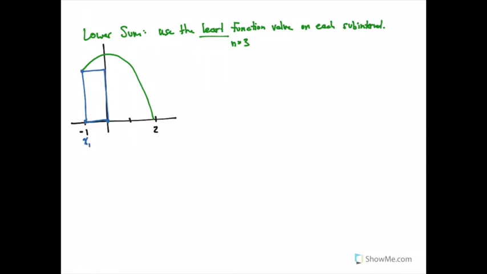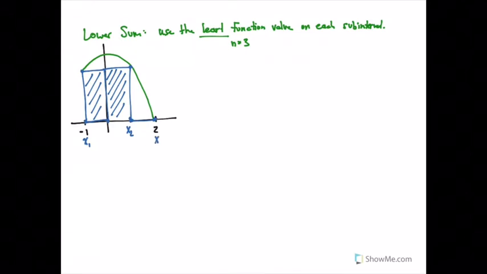For the interval 0 to 1, the least function value is going to be at 1 here, because that function is decreasing on that interval. So that's going to be our x sub 2. And x sub 3 is going to be the 2 here, as that's going to be the smallest. Again, the function is decreasing on that interval.